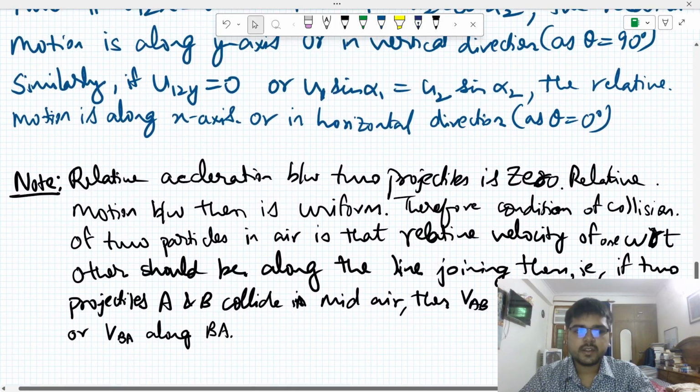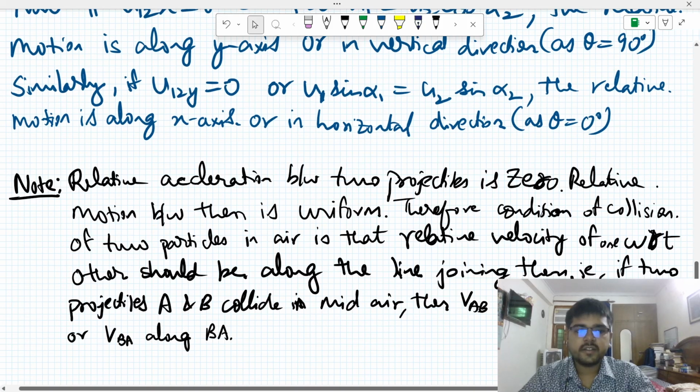Now there is a note here, that the relative acceleration between the two projectiles is 0. That is the case, and relative motion between them is uniform. Therefore, the condition of collision of two particles in air is that the relative velocity of one with respect to the other should be along the line joining them.